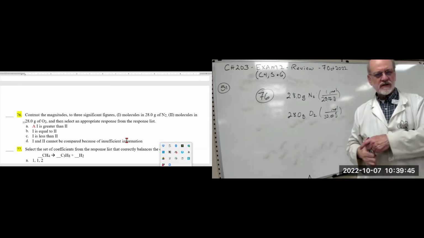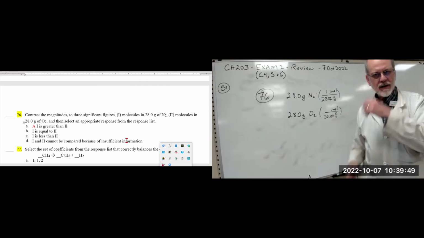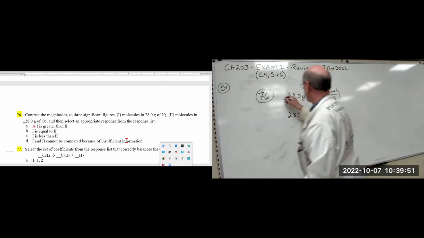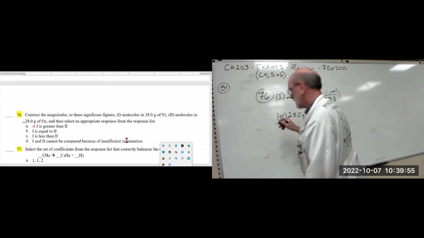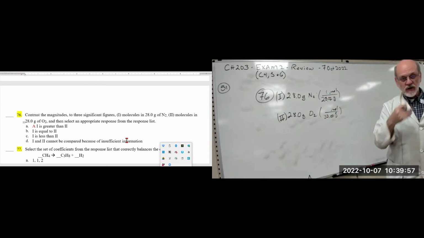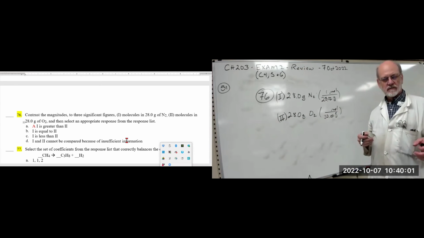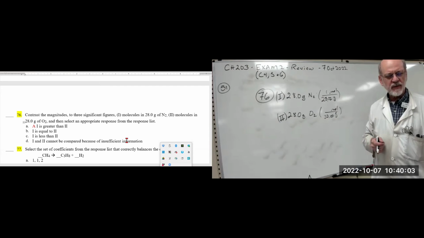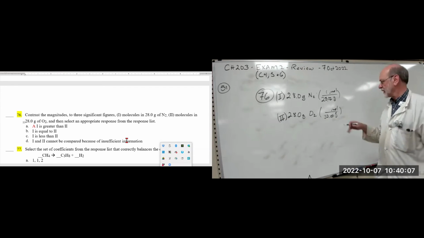Now, look at the question. This is 1, and this is Roman numeral 2. So the answers say 1 is greater than 2, 1 is equal to 2, 1 is less than 2, and 1 and 2 can't be compared, which is stupid. We know we can do it.